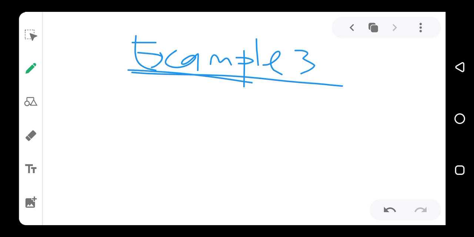Now let's also have this example. Sometimes they may not write the chemical equation for you. They can just give you the names of the chemicals and tell you how they reacted, and then your work is to find the chemical formulas for the compounds or the elements, and then write the balanced chemical equation.